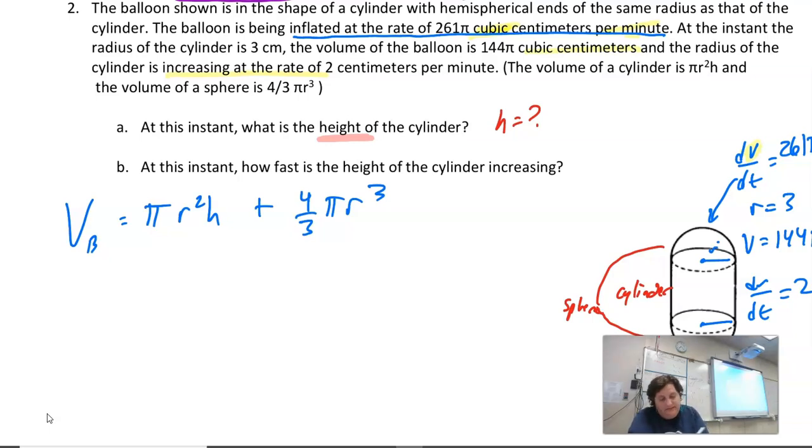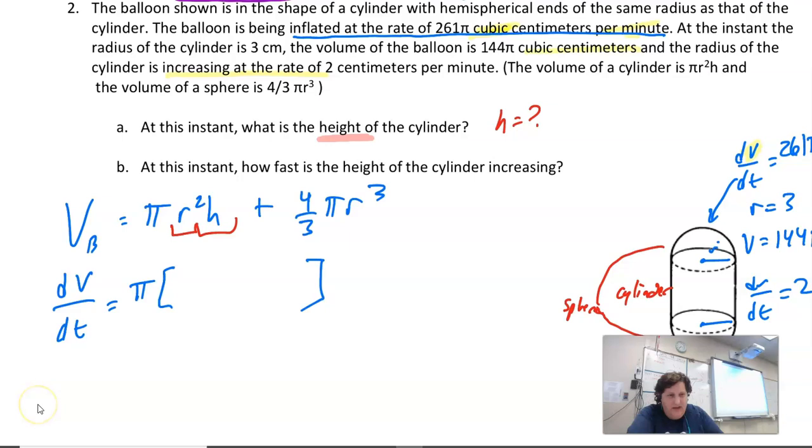Alrighty. Let's take a derivative here. So dV dt is pi. Oh my goodness, I got to do a product rule on this. Okay, I think I'm gonna get more room. All right.